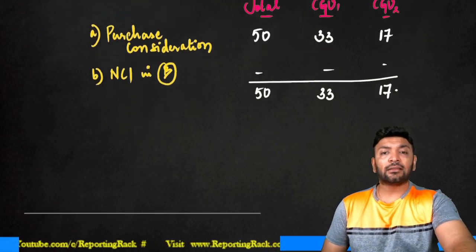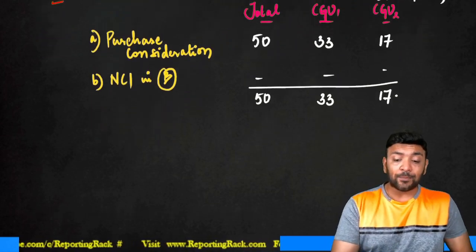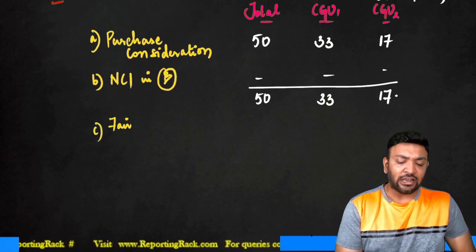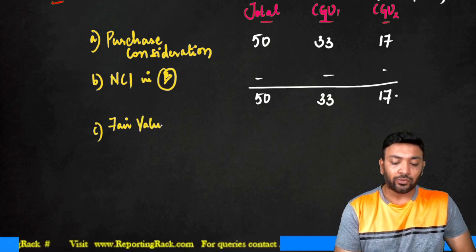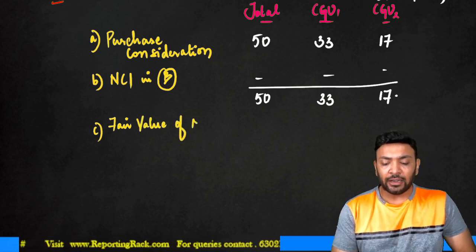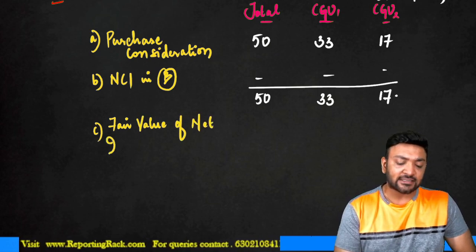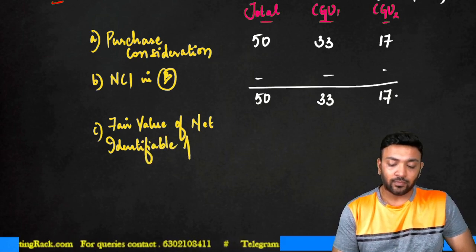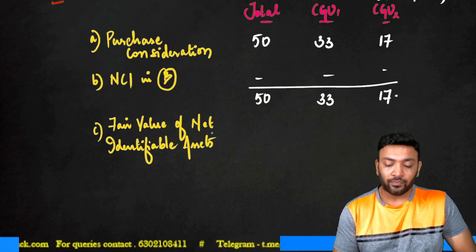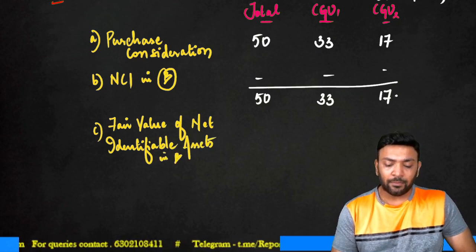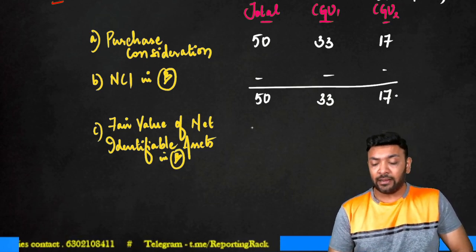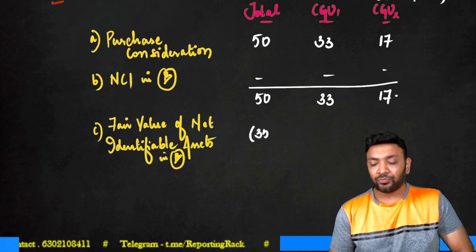Now this 50, 33 and 17 should be compared with fair value of net identifiable assets in B. My fair value of net identifiable assets in B are 35 million.